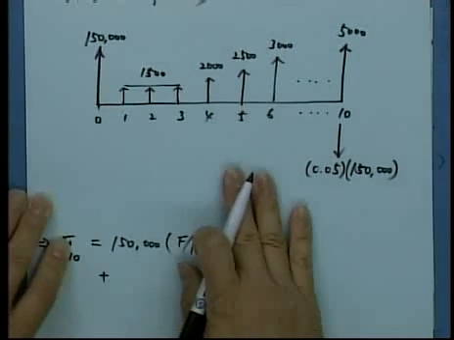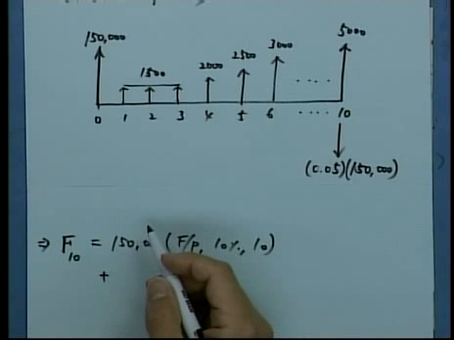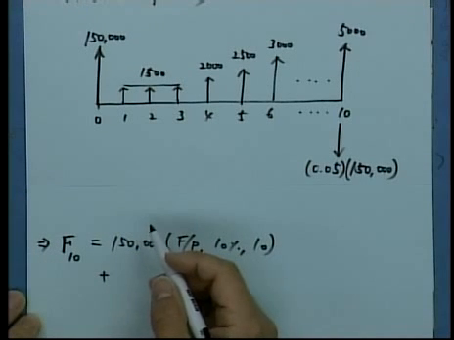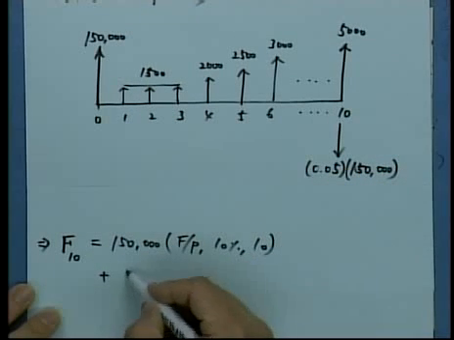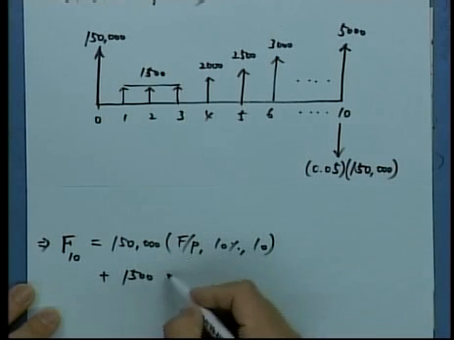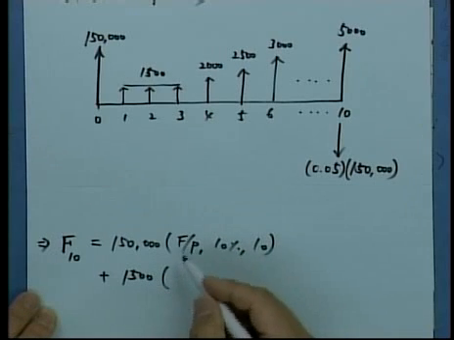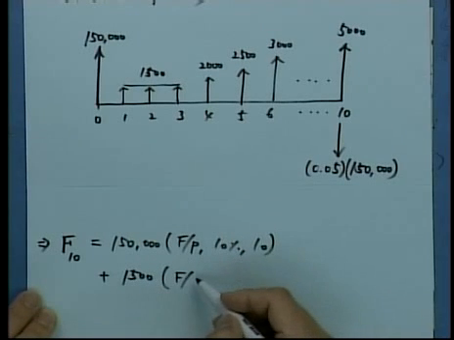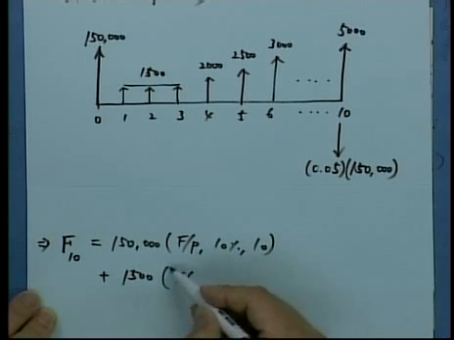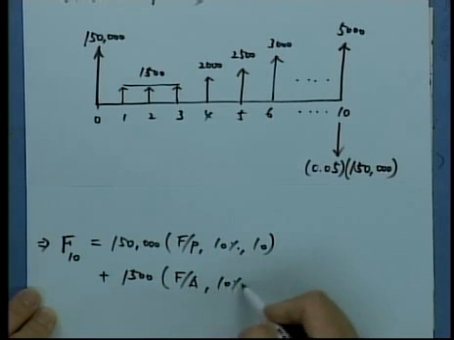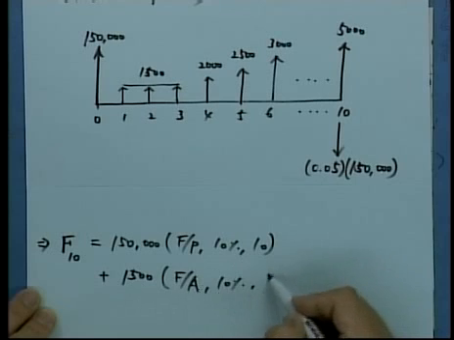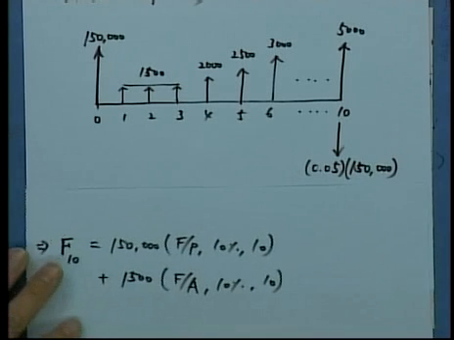And then the uniform series of $1,500 over 10 periods. You need to convert it to an equivalent future sum, so you multiply by F given A, 10% over 10 periods.